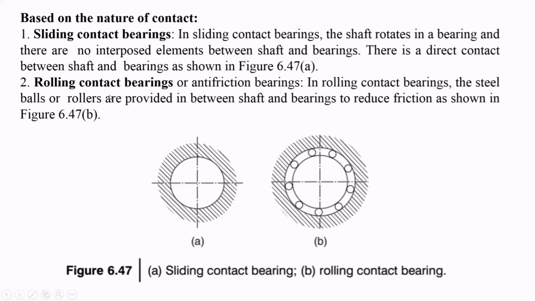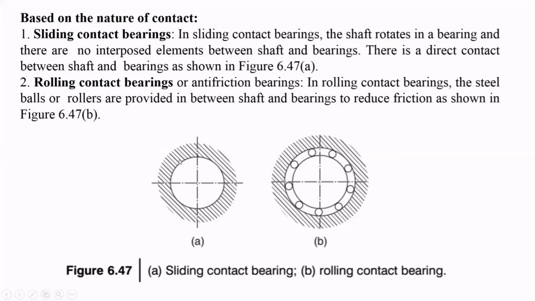And the next one is based on the nature of contact. Based on the contact between the shaft and the bearing, you can classify into two types: sliding contact type and rolling contact type. If the shaft is directly in contact with the surface of the bearing, or bush of the bearing, then it is called a sliding contact type bearing.